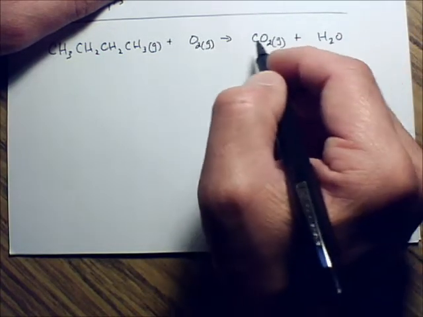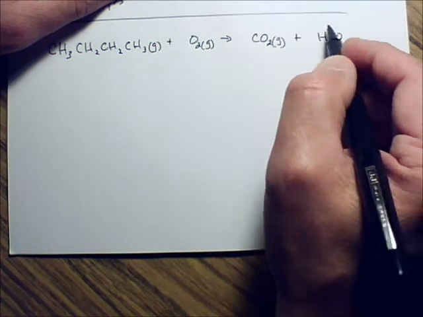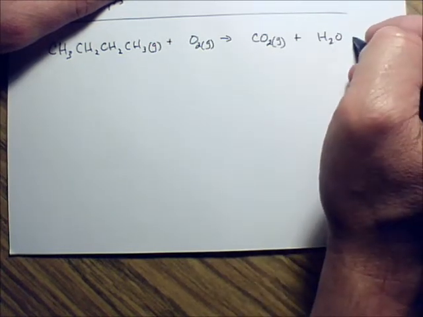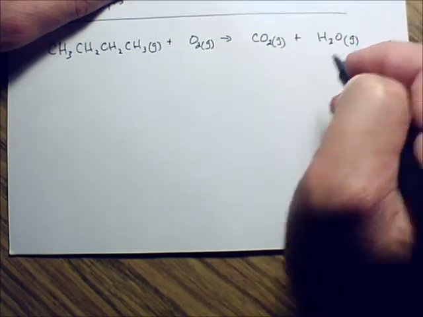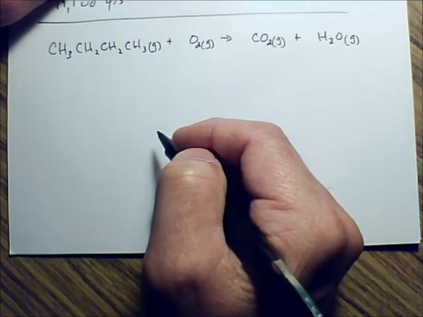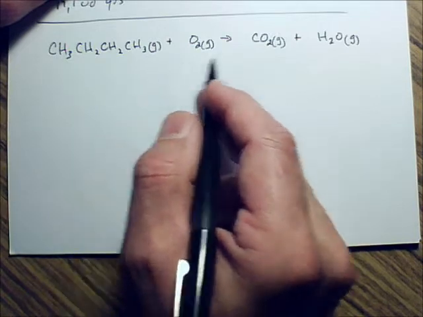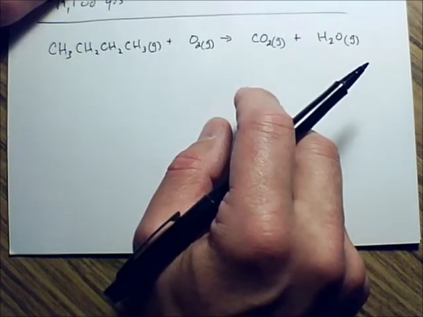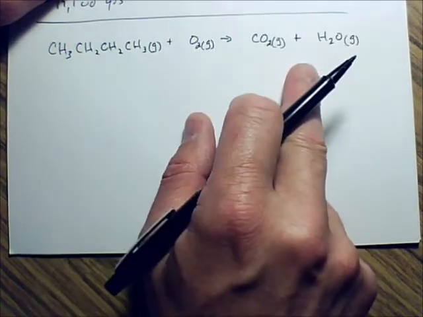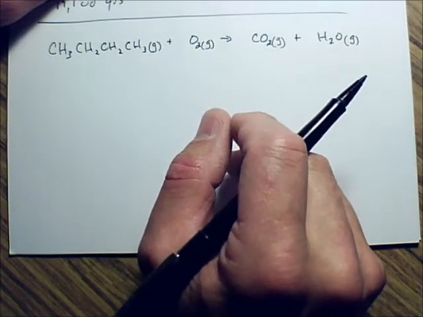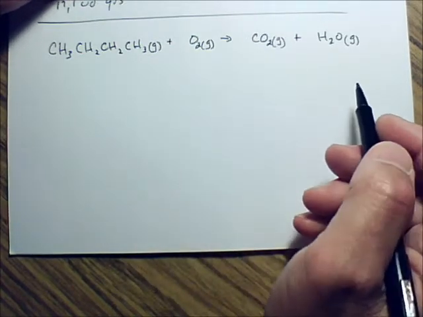So whenever you get water in a combustion reaction, it's a gas. It's not in other things, but it is in a combustion reaction. If it's a double replacement reaction and you make water, that's a liquid. But in a combustion reaction, when you make water, it's a gas.